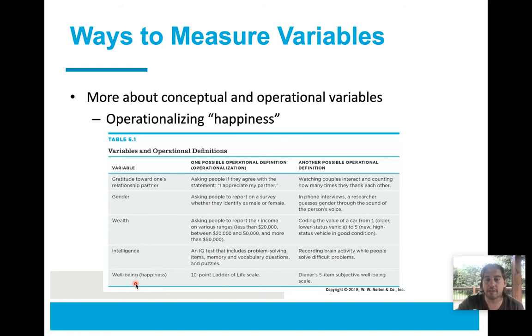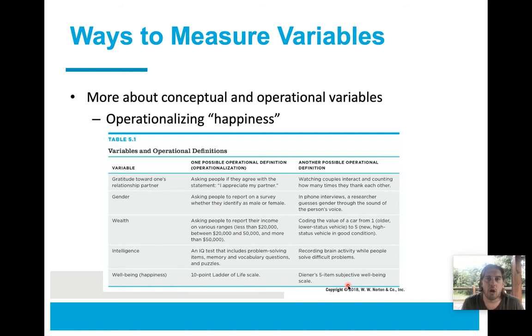And so we have things like the 10-point ladder of life satisfaction, or ladder of life scale, to measure happiness. This is a 10-item scale or survey that has been used in the literature. It's been cited. We know how it functions and what it does. But there are others, right? There's not just one scale. You might also use Diener's 5-item subjective well-being scale.